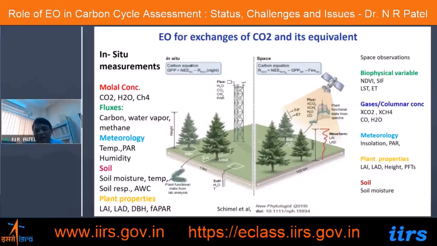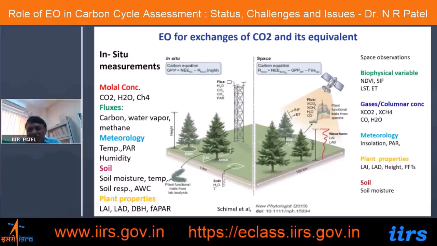On the other side, space observation over the last 20 years: if you see nowadays, a historical archive of observations is available from the IIRS, MODIS, SPOT VGT, and even Indian ISRO satellites like OCM or IIRS sweeps.